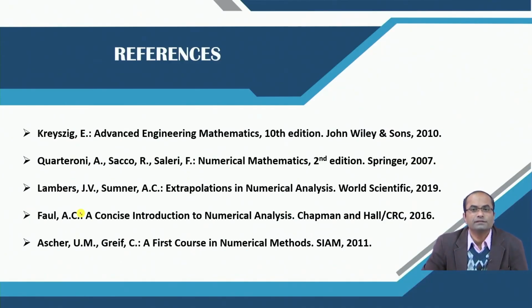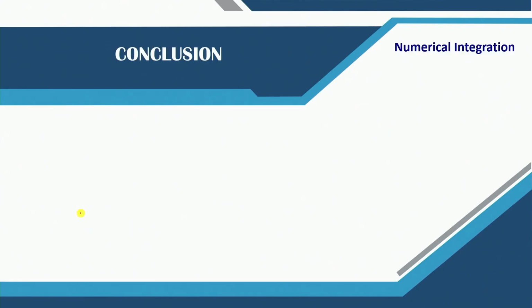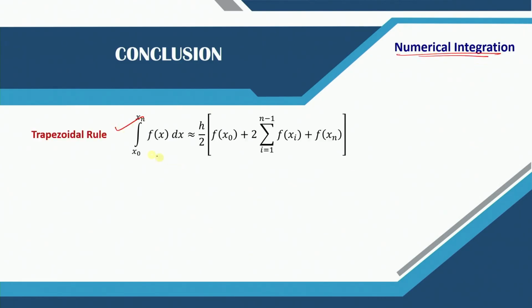So, these are the references used for preparing the lecture, and just to conclude, we have discussed numerical integration, mainly the trapezoidal rule, which says that we can integrate f(x) from a to b, where we denote a as x0, and then we have equidistant points x1, x2, x3, and so on.